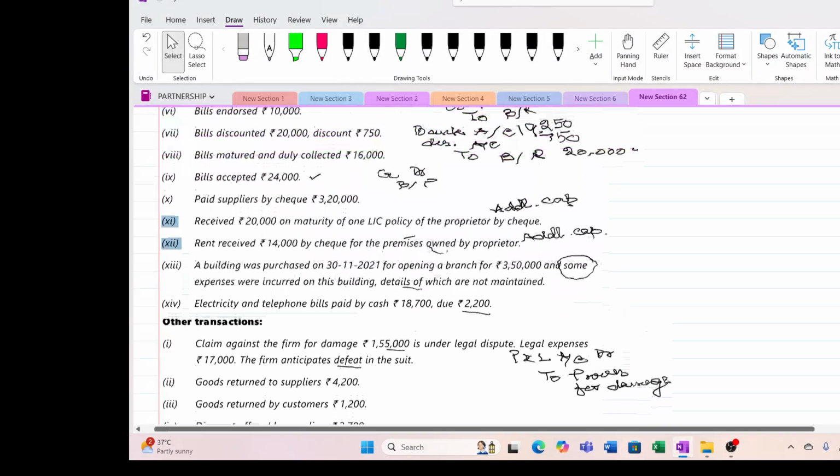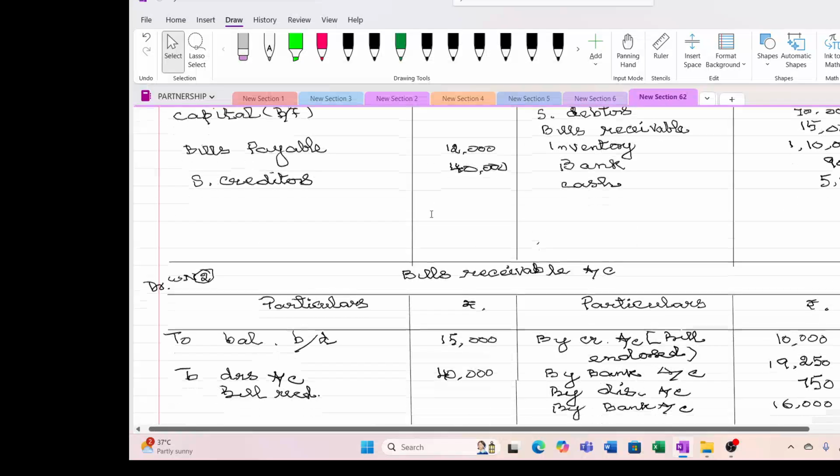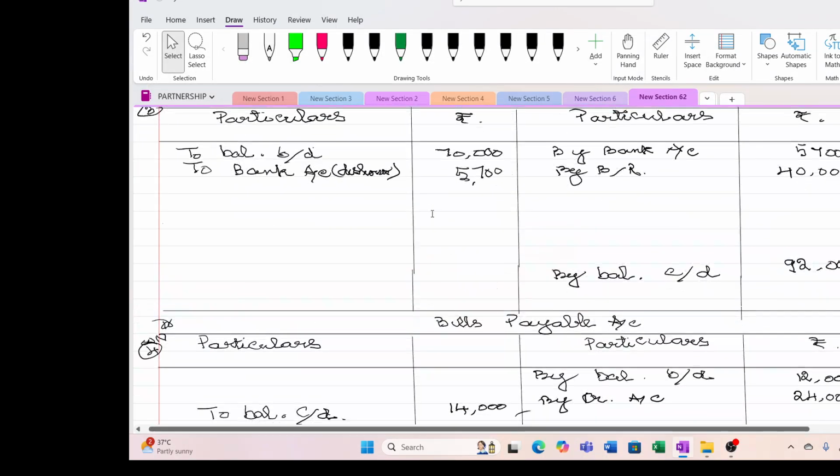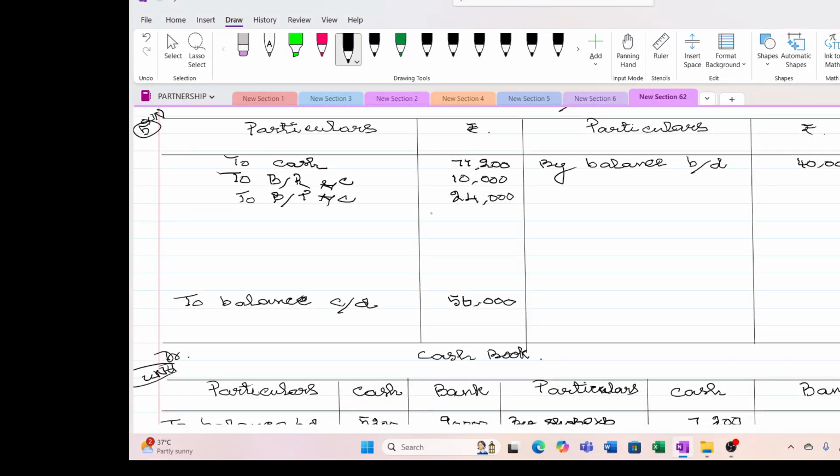Next item is paid suppliers by check. So we are making payment to creditors, 3,20,000 to bank account.